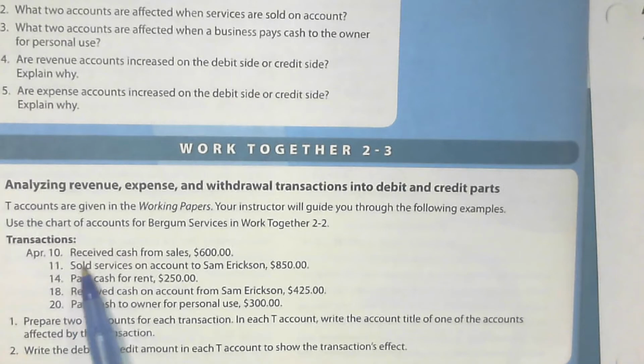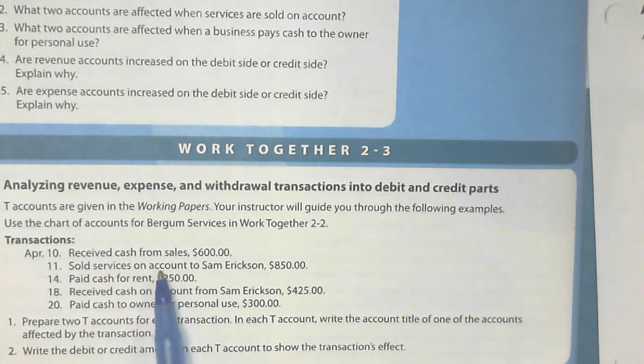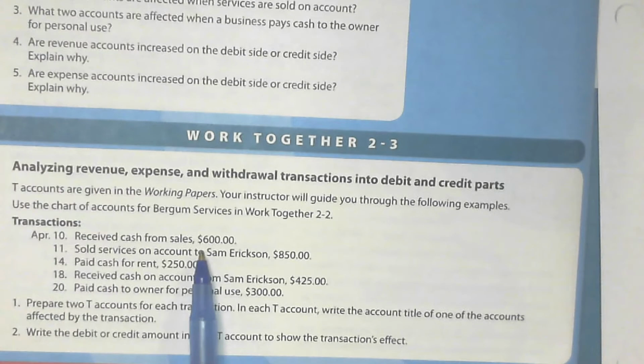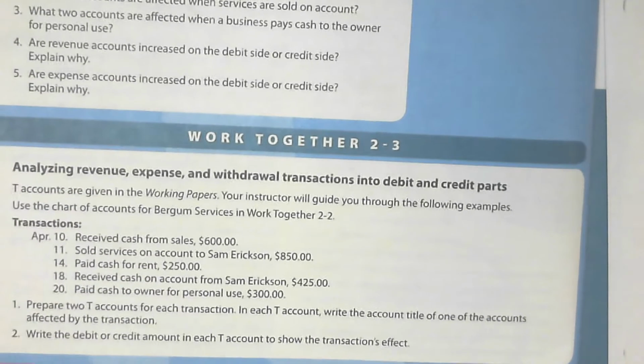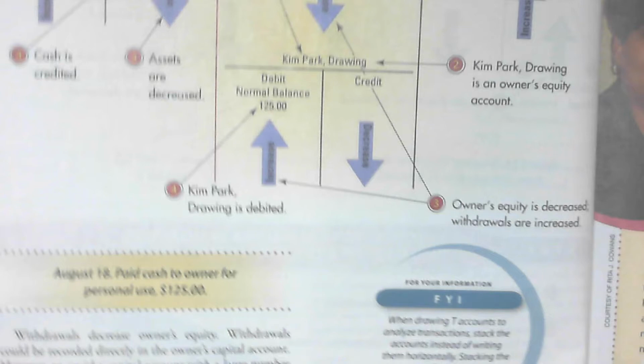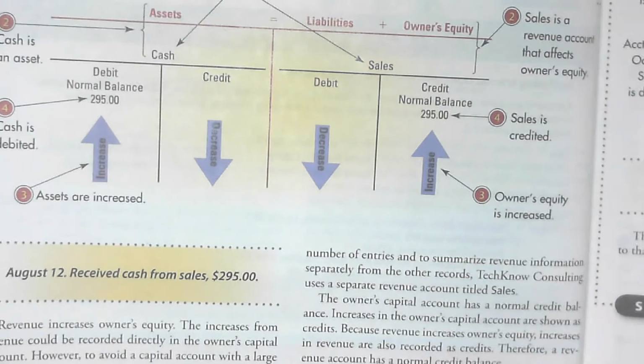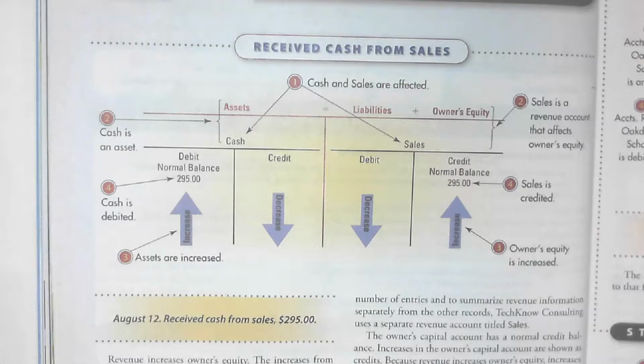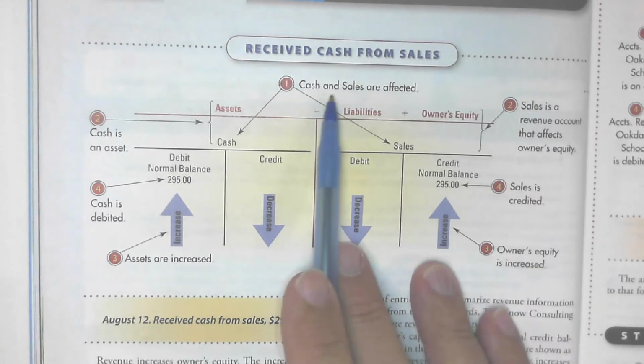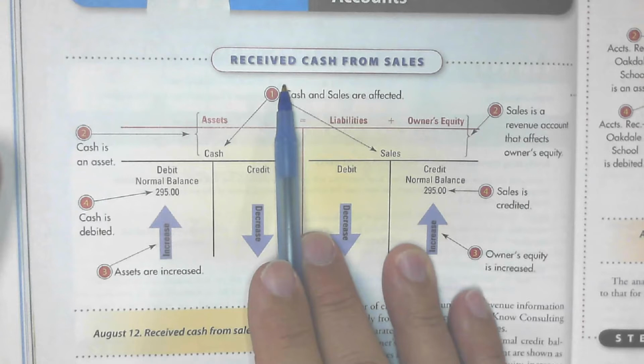So April 10th, received cash from sales for $600. And flip back to page 1 of the chapter, the example, received cash from sales.